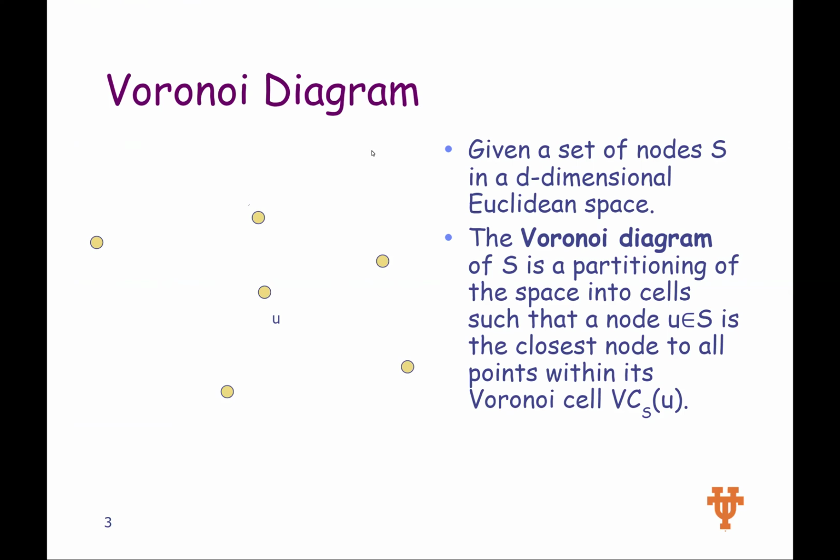A Voronoi diagram is a partition of the space, and here it is a 2D plane, into cells such that a node U, one of the set of nodes, is the closest node to all points within its Voronoi cell. So do you understand this definition, Voronoi diagram?